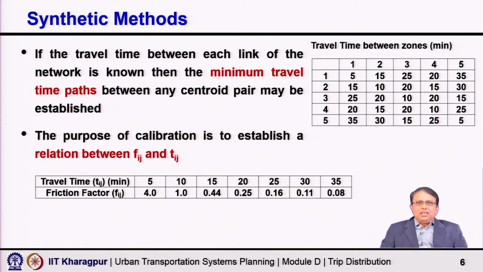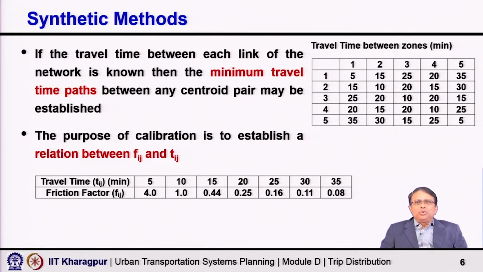Now, as I said, you know the range of travel time, or the discrete values in this case: 5, 10, 15, 20, 25, 30 and 35. You have to make an assumption of the corresponding Fij value. I said clearly, take any value you like, take all equal values, no problem.